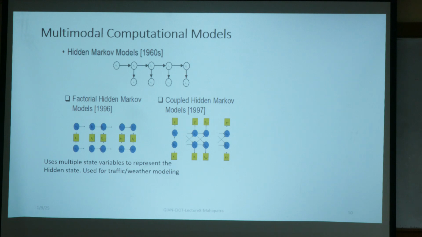And there are two kinds of hidden Markov model: the factorial hidden Markov model or the coupled hidden Markov model. In this case, you go for multiple state variables to represent the hidden state. For example, for traffic, and this is something we know already, that weather modeling and traffic modeling are being done in the same process.